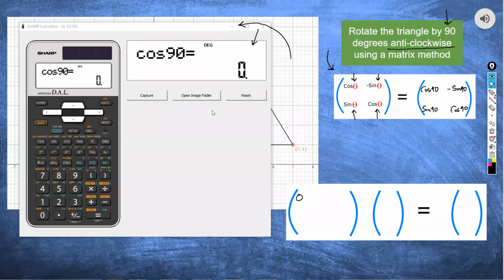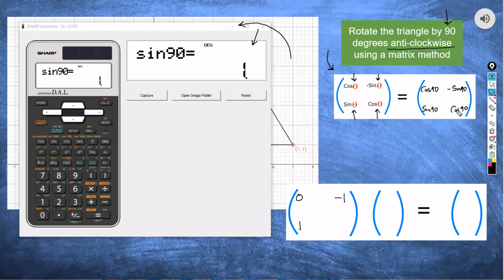Okay, how about minus sine 90? When you're typing in minus sine 90, you're using this minus button here, not the regular one, this one here. Minus sine, press 90, and you're supposed to get minus 1. So make sure you're seeing a minus 1 here. Then type in sine 90, and I get positive 1.